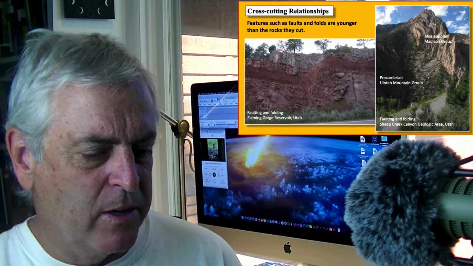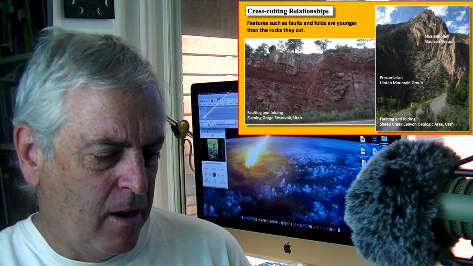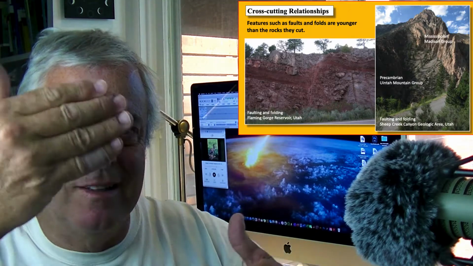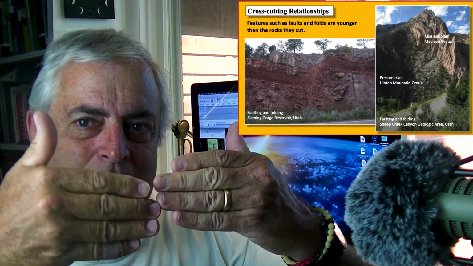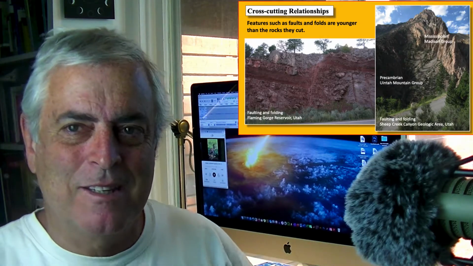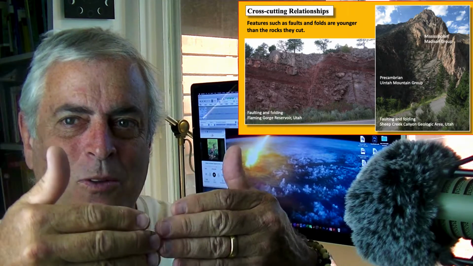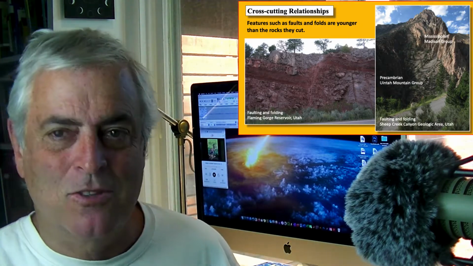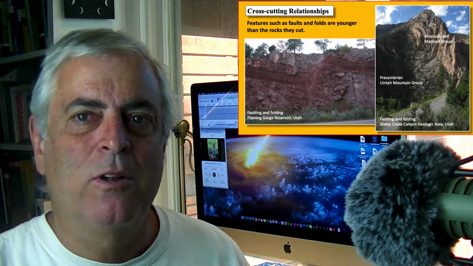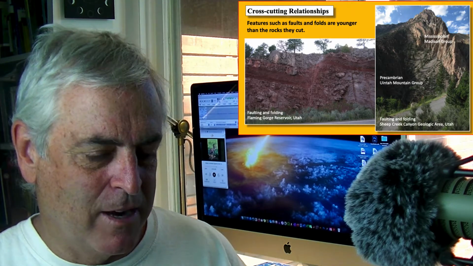So these two areas are really close together here. The fault cuts the sedimentary rock, and so when that happens, that's been offset. A fault is a fracture with offset, and so the offset actually puts a vertical component to the rocks, in this case on the right-hand side, and so that fault cuts those rocks. So the fault has to be younger than the rocks that it cuts, right?